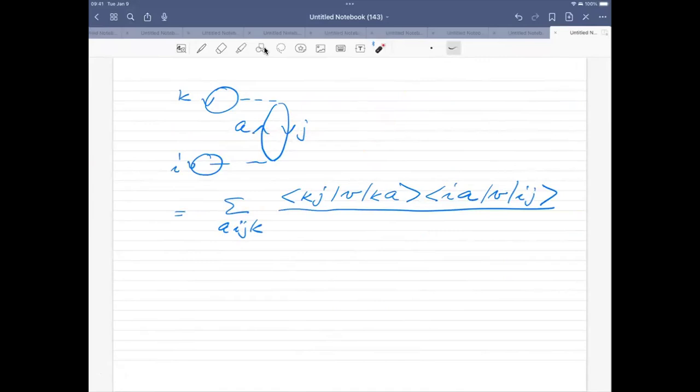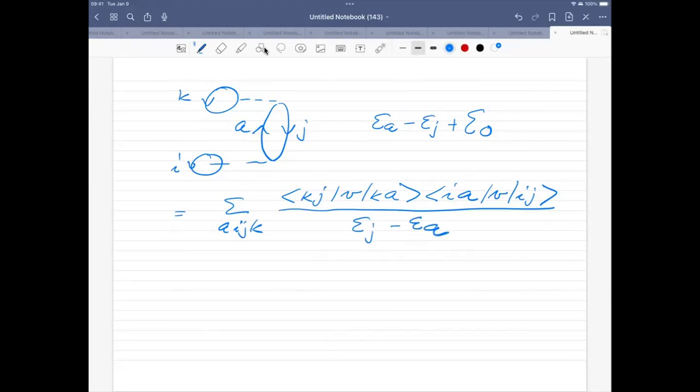In this specific case, the intermediate state has an energy which is given by epsilon A minus epsilon J minus, or plus actually, epsilon 0. So that means that this denominator is now going to be simply given by the sum over hole energies minus the sum over particle energies. So I'm just getting an epsilon J minus an epsilon A.